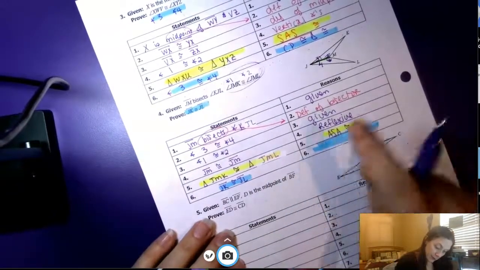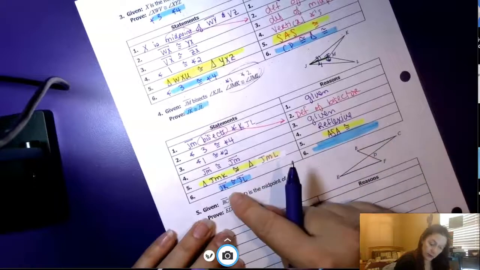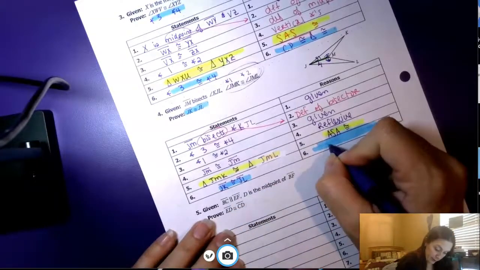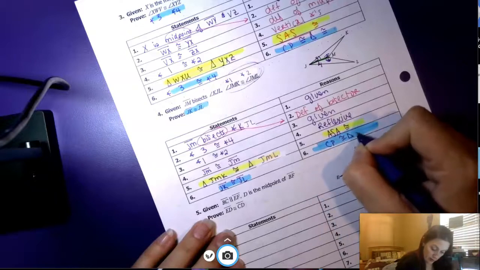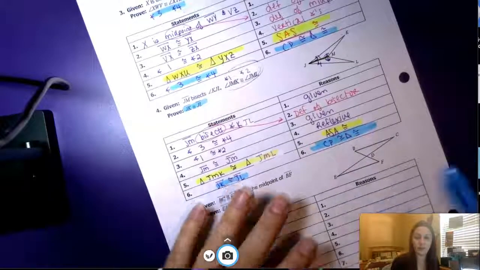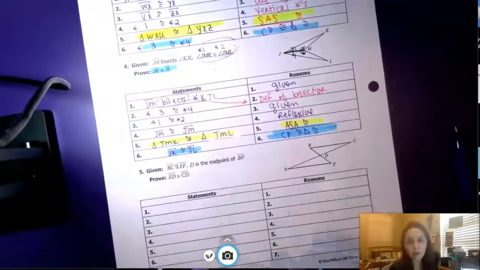Because if the triangle is congruent because of the angle, side, and angle, all the other angles and sides have to be congruent as well. Corresponding parts of congruent triangles are congruent. There you go.